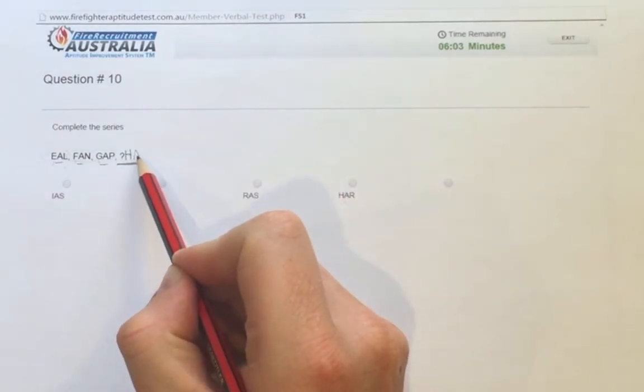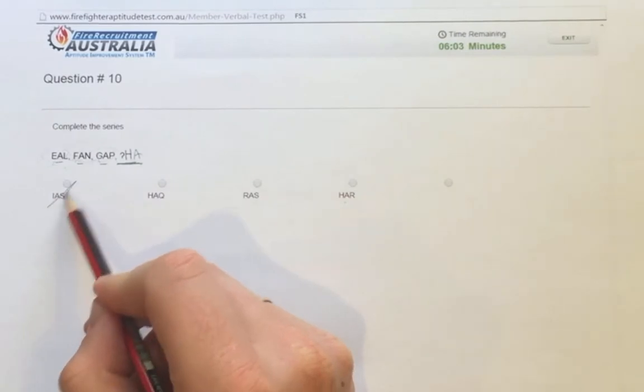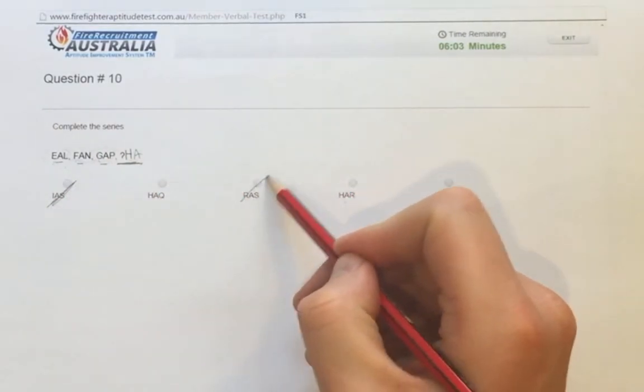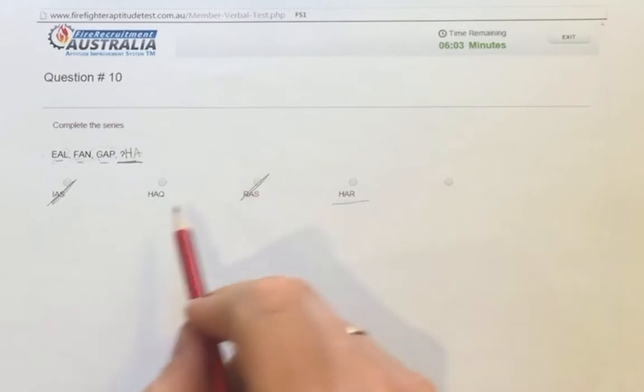A is going to be a constant, so we can get rid of that one.